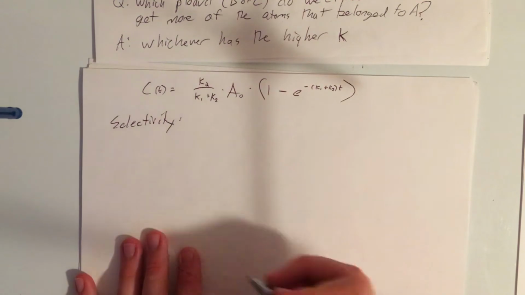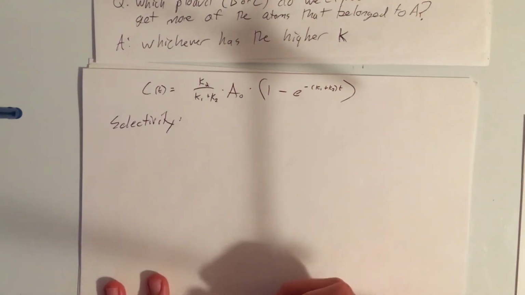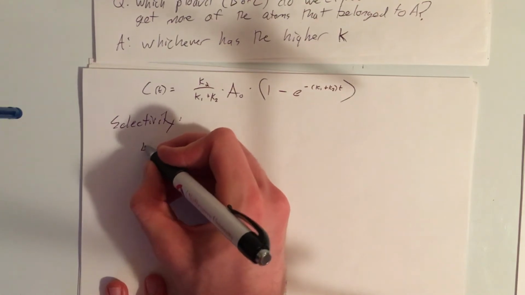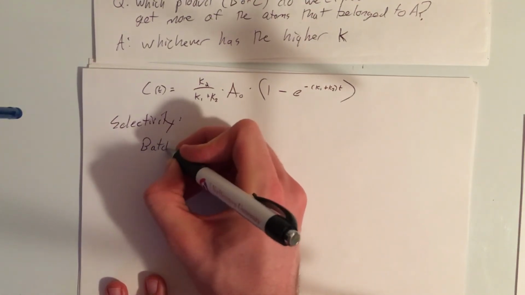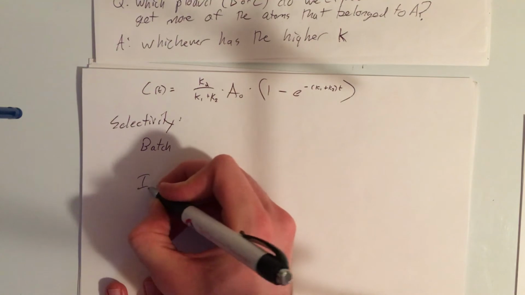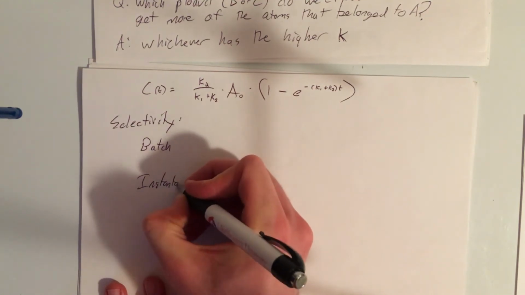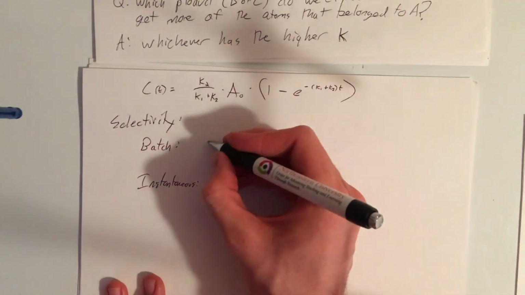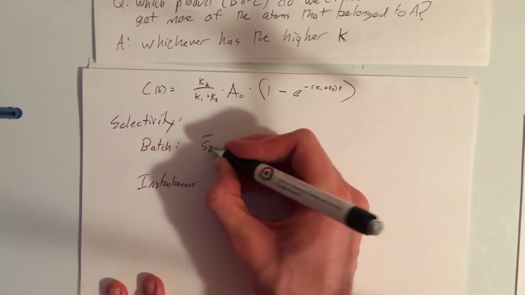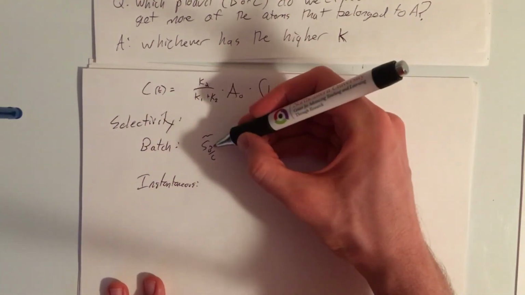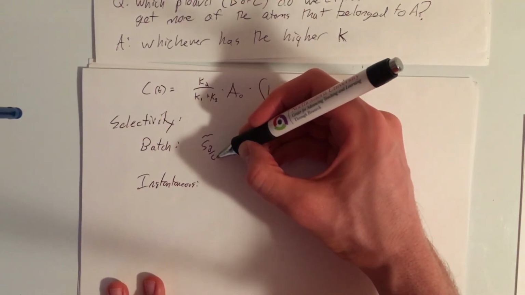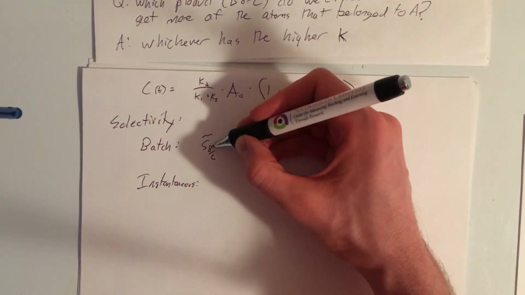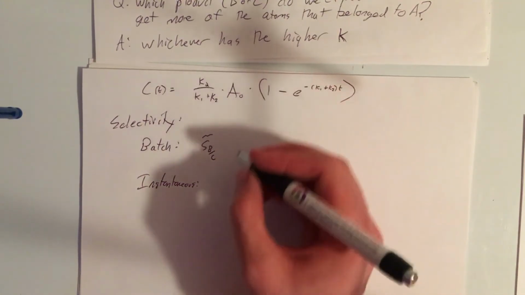We talked about selectivity in two different ways: a batch and an instantaneous selectivity. For the batch selectivity, we gave it a tilde over it. And selectivities are always defined with one species with respect to another species, and usually they're products with respect to another product, so a desired product with respect to an undesired product.